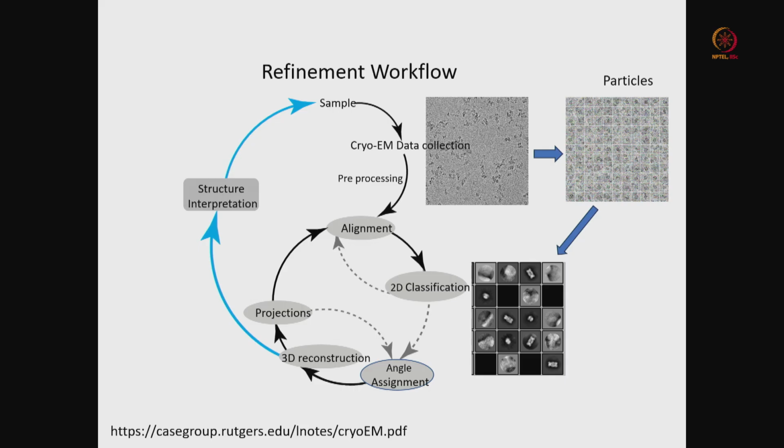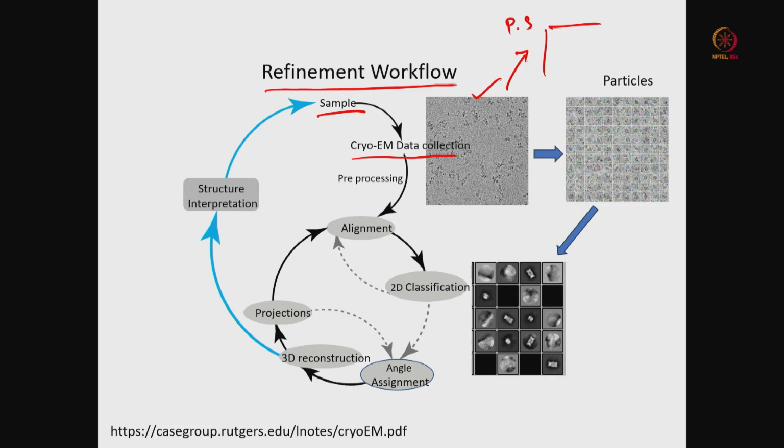What is that workflow basically, the refinement workflow, if we just consider. So, this is our refinement workflow. First, we have a sample, and you consider this is a cryo sample. We take this cryo sample, put it in a microscope and collect data. This is our cryo data. In this cryo data, what we first have to pay attention to is the power spectrum.